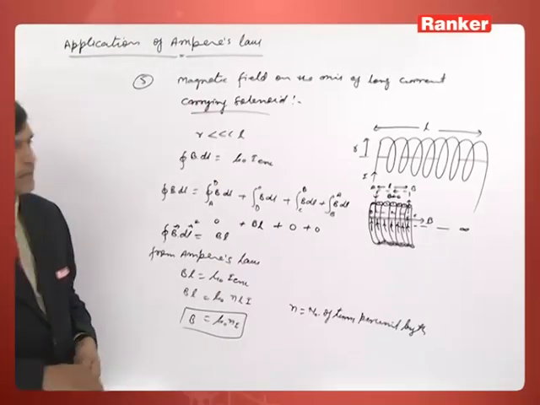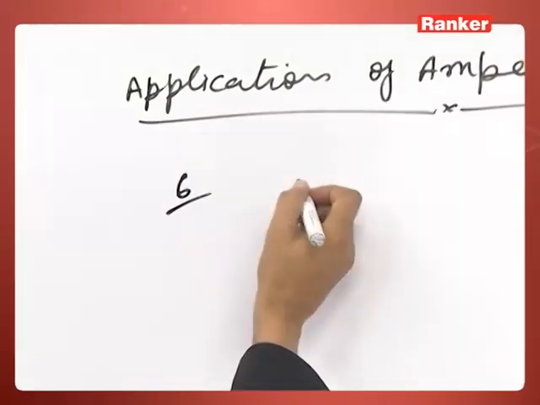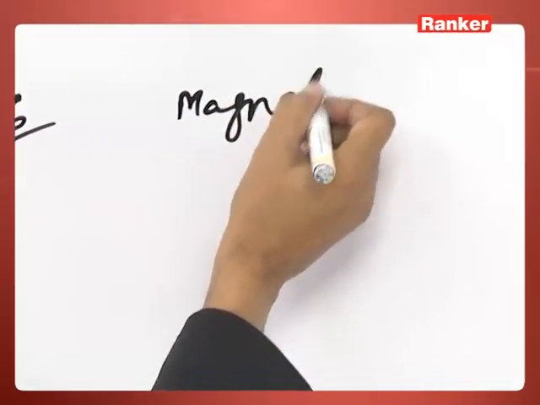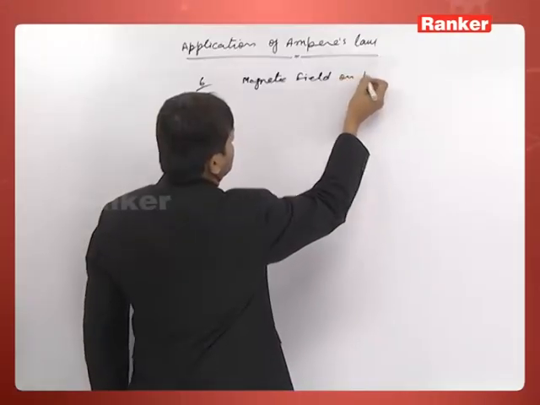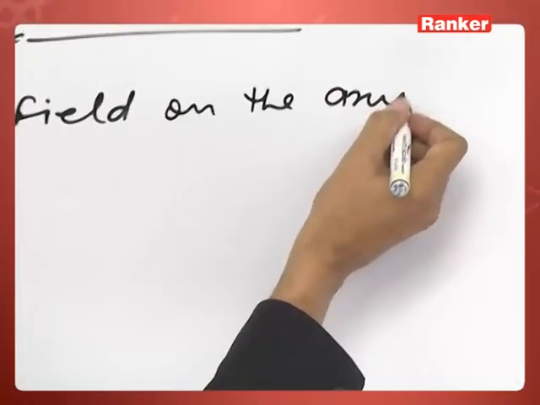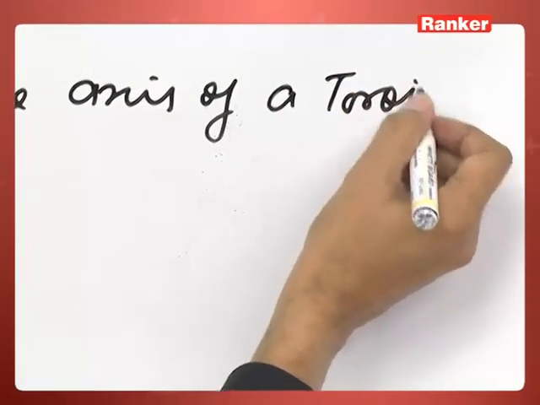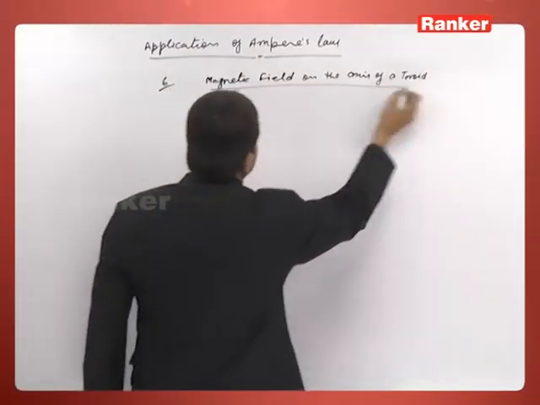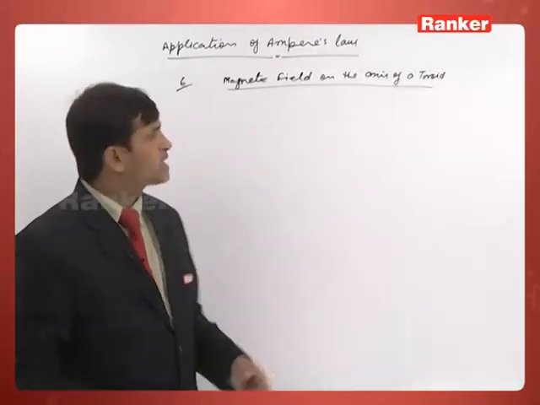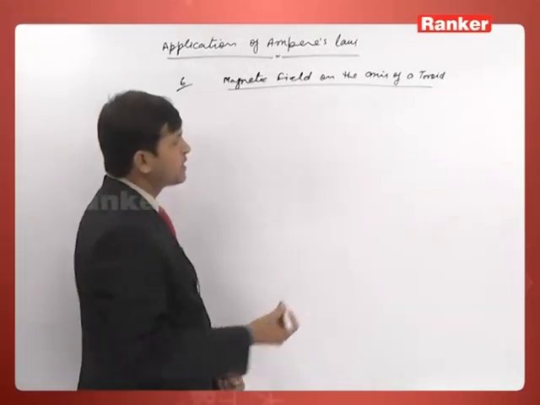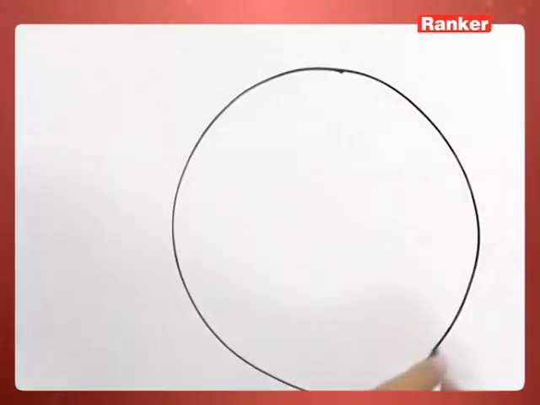Similarly, see another application: the magnetic field on the axis of a toroid. Now suppose by using Ampere's law we want to find the magnetic field on the axis of a toroid. See, in this manner we can get it. First see the toroid.